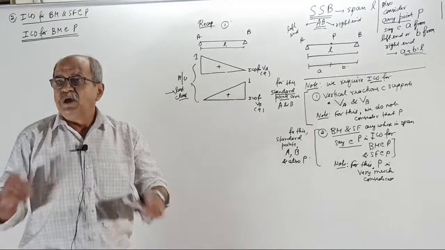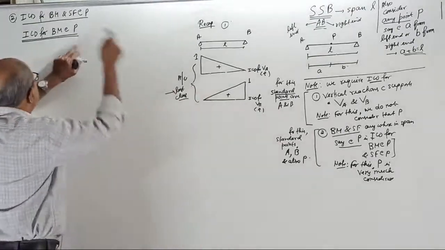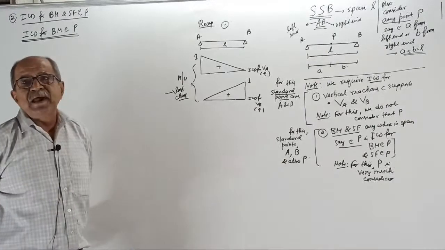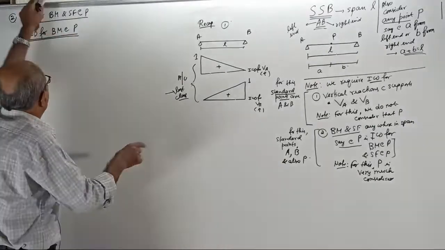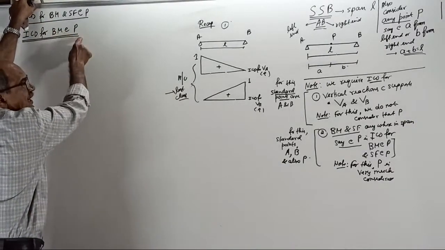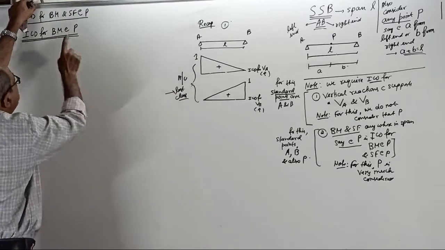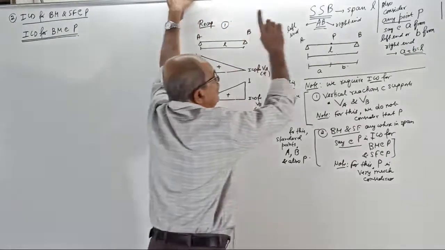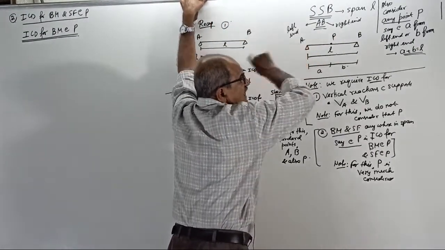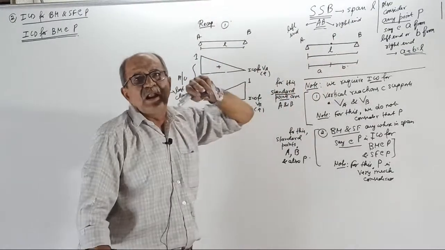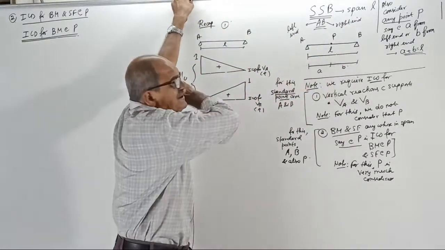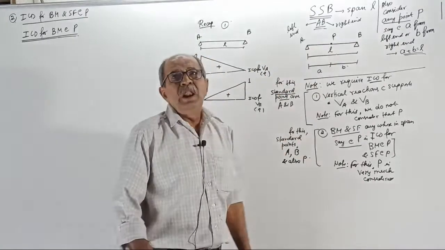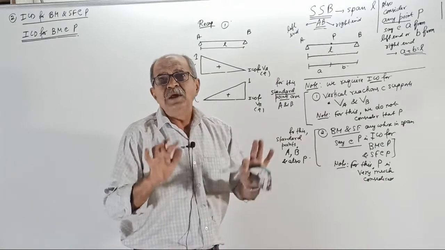If I write it once again using that definition, ILD for bending moment at P is a graphical representation of the variation of bending moment at P when a unit load is moving along the member, or when a unit load starts from A, goes to P, and then further goes to B. When it travels the entire length, how the bending moment at P will vary, that is the ILD for BM at P.